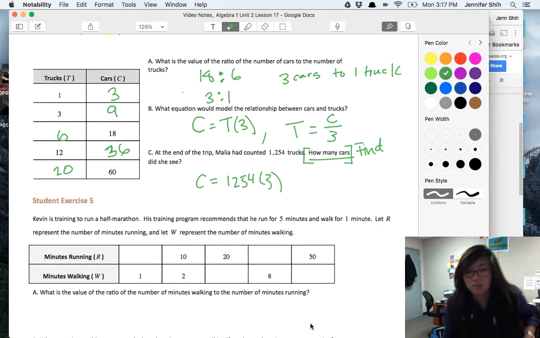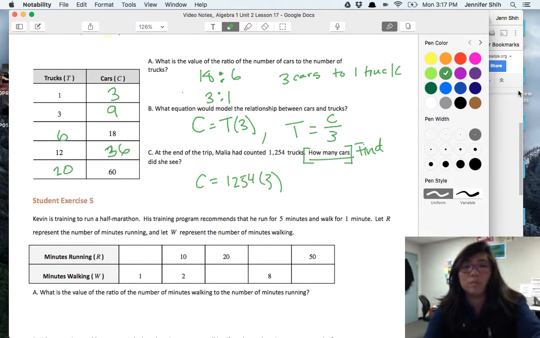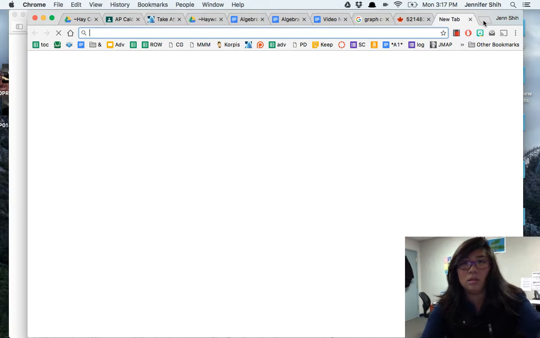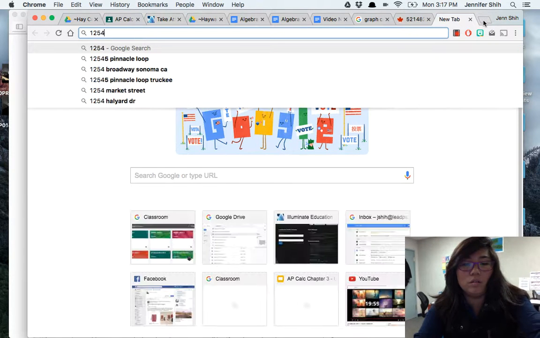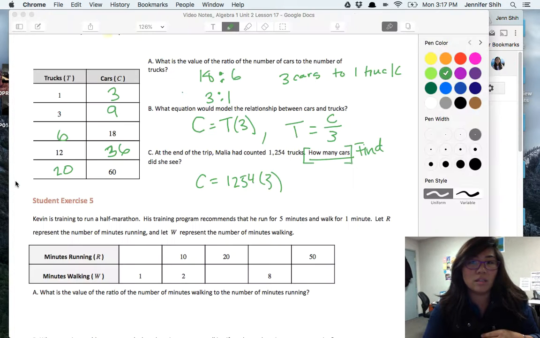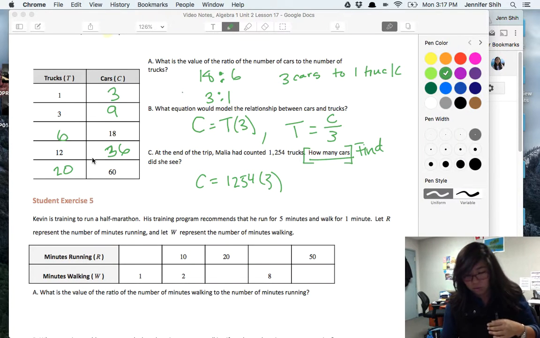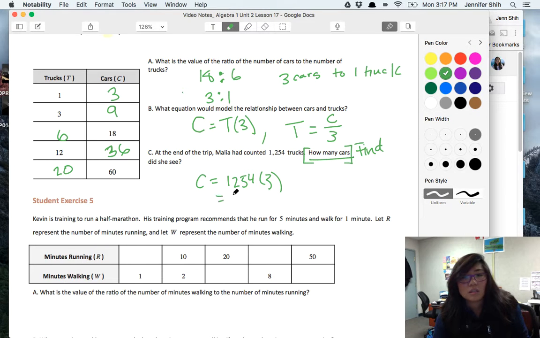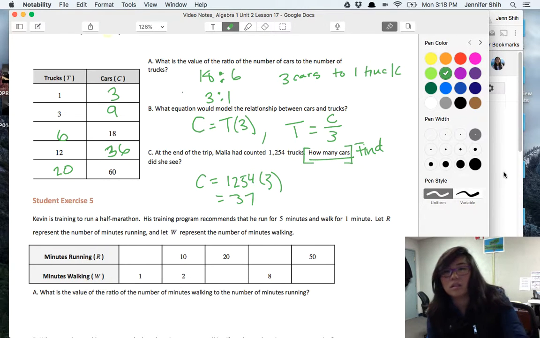I didn't do it ahead of time. Whoa. We did 1,254 times 3, and we're going to get 3,762. 3,762 cars. This is cars, and that answers how many cars.